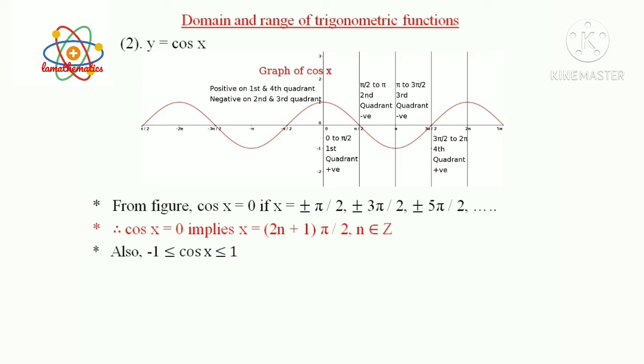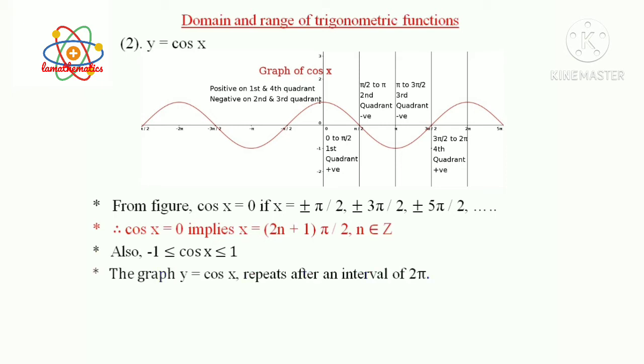Also, minus 1 less than or equal to cos x less than or equal to 1. That is, the limiting values of cos x are minus 1 and 1. In other words, the cos function varies from minus 1 to plus 1. The minimum value of cos x is minus 1 and the maximum value of cos x is plus 1.